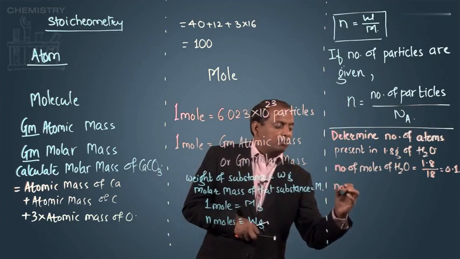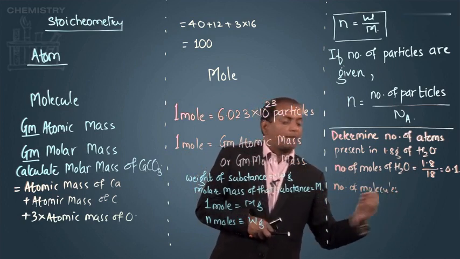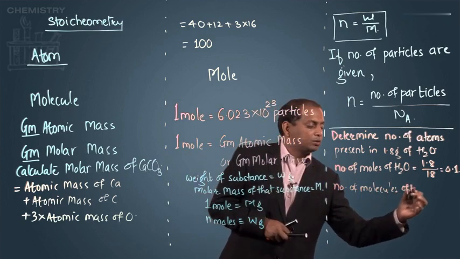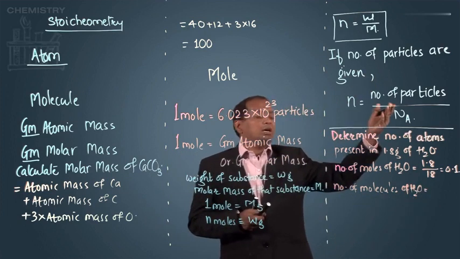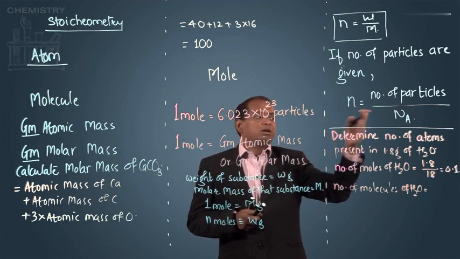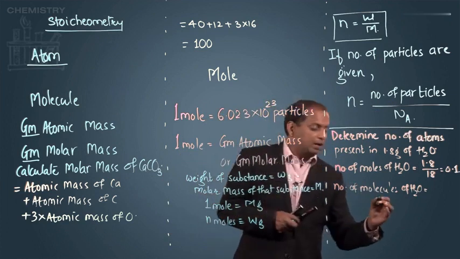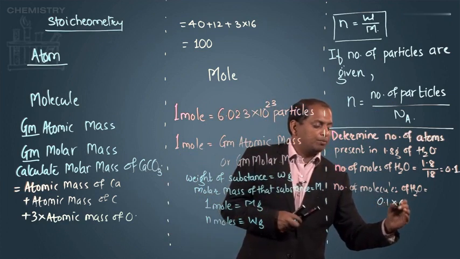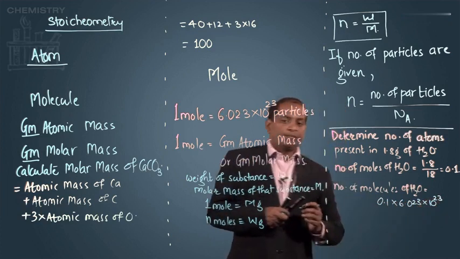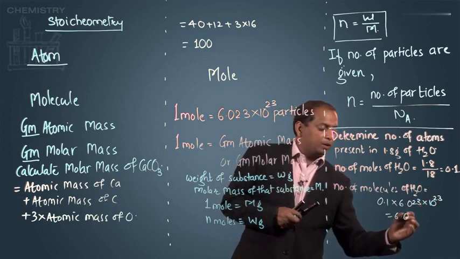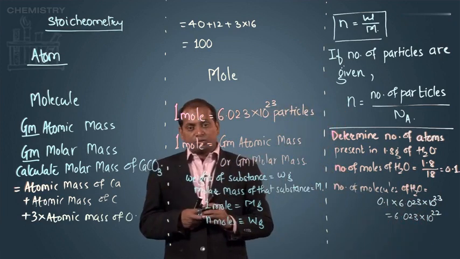So the number of molecules of H2O, we are going to use this formula: number of moles multiplied by Avogadro's number. How many moles do we have? 0.1 multiplied by 6.023 into 10 raised to 23. So that is coming to 6.023 into 10 raised to 22 molecules of H2O.